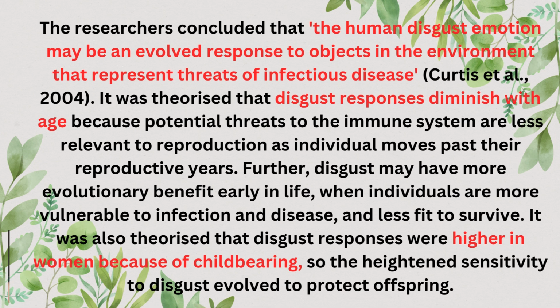It was theorized that disgust responses diminished with age because potential threats to the immune system are less relevant to reproduction as an individual moves past the reproductive years. So disgust may have more evolutionary benefit early in life, when individuals are more vulnerable to infection and disease and less fit to survive. It was also theorized that disgust responses were higher in women because of childbearing, so the heightened sensitivity to disgust evolved to protect offspring.